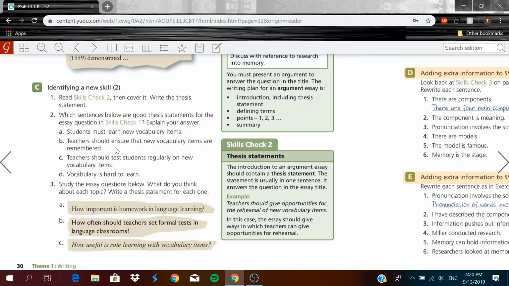What do you guys think? I'd definitely say that C, teachers should test students regularly on new vocabulary items. And my reasoning is because it's basically a logical way for teachers to ensure that new vocabulary items are remembered by students. Okay? Makes sense? That is what a thesis statement is.